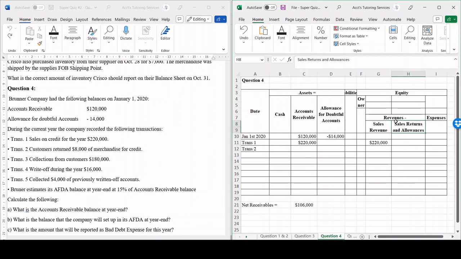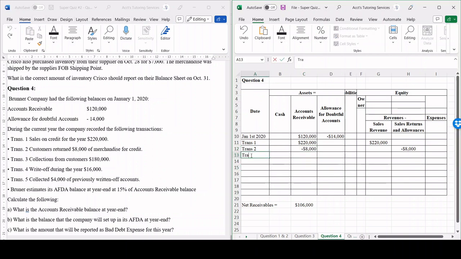Remember, a contra account is attached to a principal account. In this case, it's sales revenue, and it reduces that balance. So in this situation, sales returns and allowances is going to increase, but it's going to increase on the negative side because remember, a contra account is always a negative balance. So negative $8,000. And since they're returning the product to us, we're going to reduce the amount that they actually owe us by $8,000.